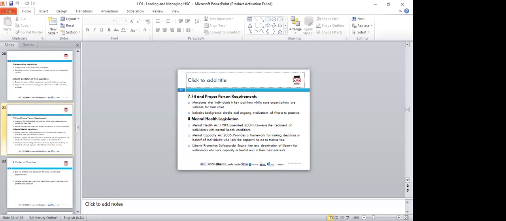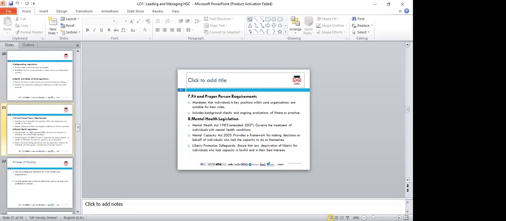Okay? All right. Now, mental health legislation. The Mental Health Act 1983, amended 2007, governs the treatment of individuals with mental health conditions. The Mental Capacity Act 2005 provides a framework for making decisions on behalf of individuals who lack the capacity to do so themselves.